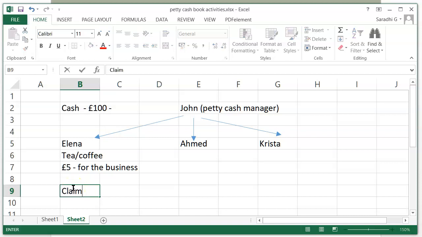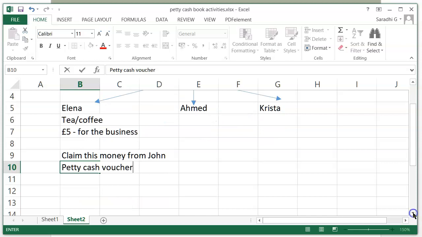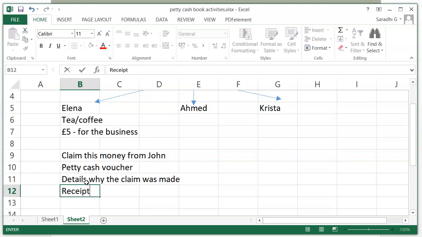Then she needs to claim this money from John. To claim this money, she prepares a document called a petty cash voucher. In this petty cash voucher, she will explain the details of why the claim was made, attach any receipt if she has a copy of that, and she will sign it to say that she is making the claim, signed by claimant.